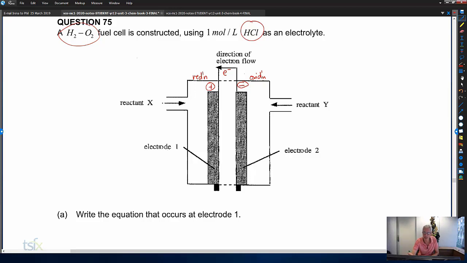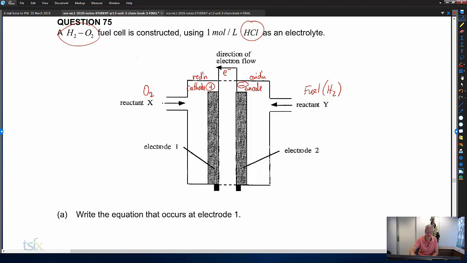That therefore means the fuel must be coming in here, and therefore that's got to be hydrogen because it's a hydrogen-oxygen fuel cell. Reduction occurs at the cathode, so we know that's going to be the cathode. We know that's going to be the anode, because of our little red cat mnemonic. So the reactant X is going to have to be oxygen. That's fairly easily deduced.